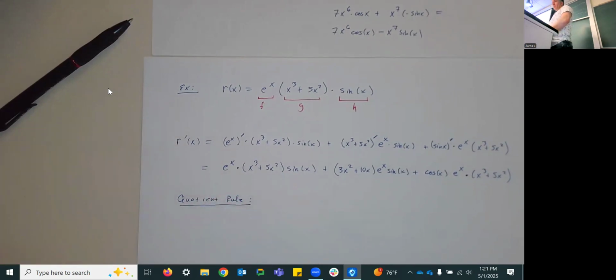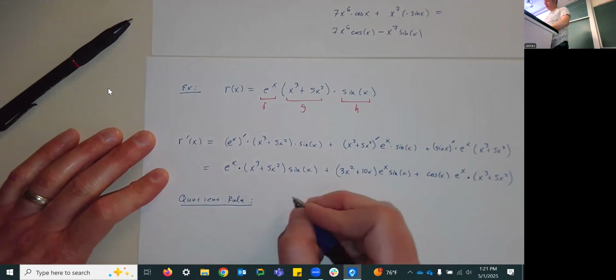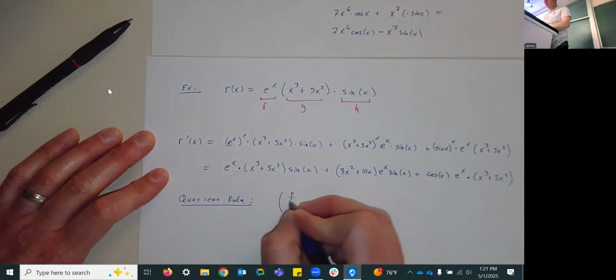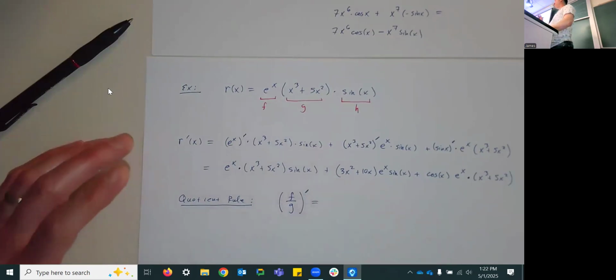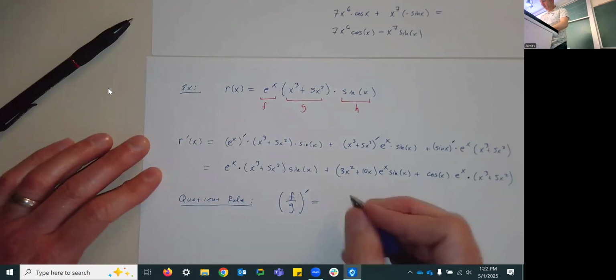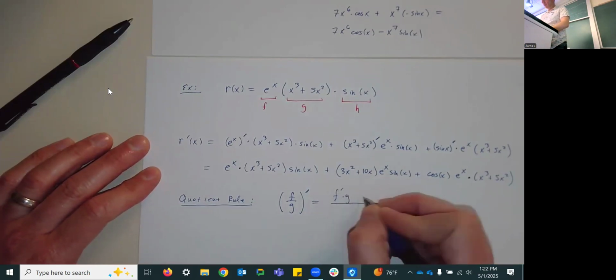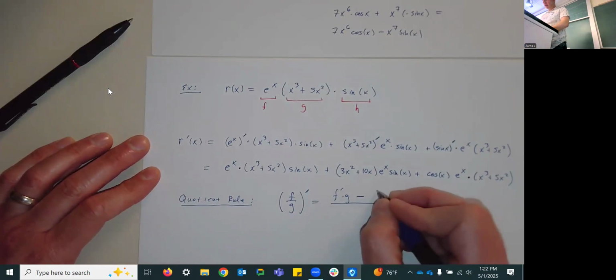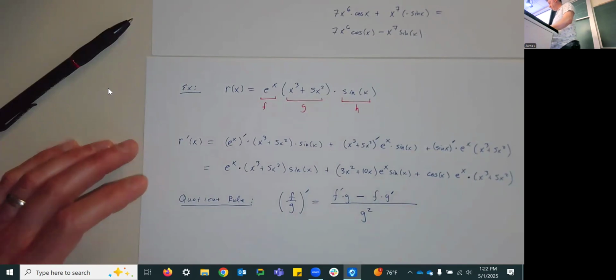I will point out, in my opinion, the quotient rule looks very similar to the product rule. So here's the quotient rule. If you want to take the derivative of f divided by g, it's going to equal, now here the order definitely does matter, the derivative of f times g minus f times the derivative of g, all divided by g squared.